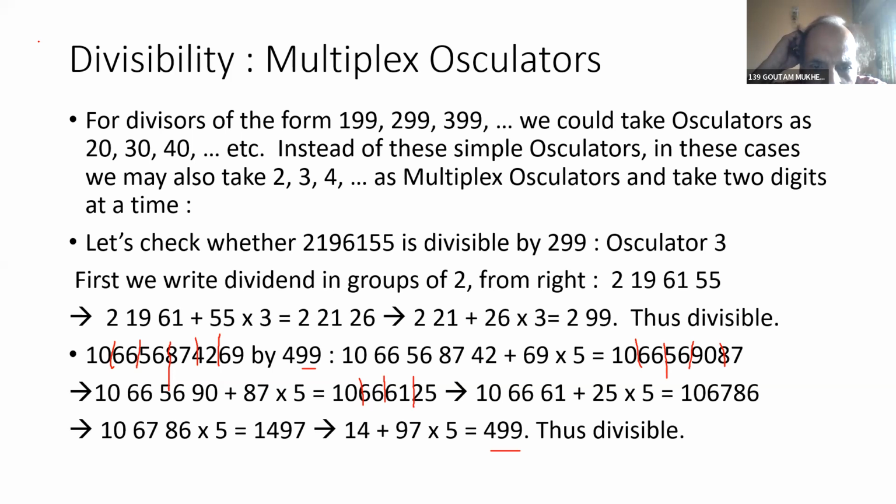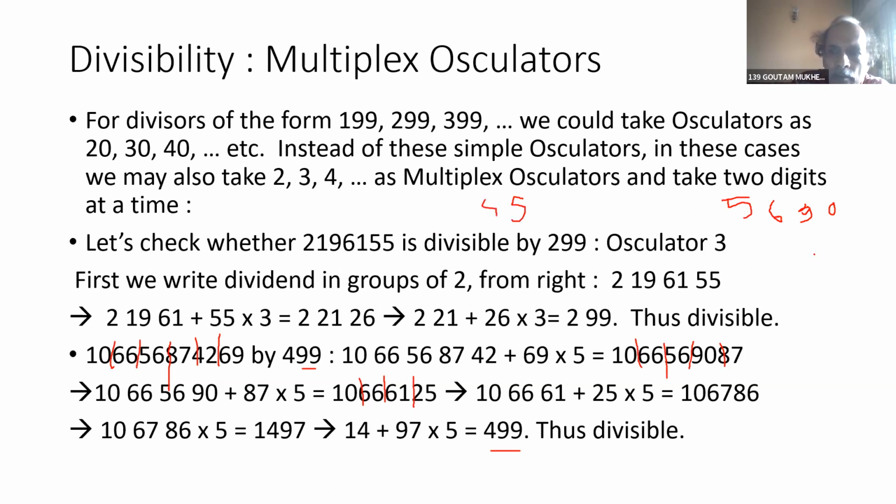That is 5690 plus 87 into 5. 5690 plus 87 into 5 is how much? 87 into 5 is 435.